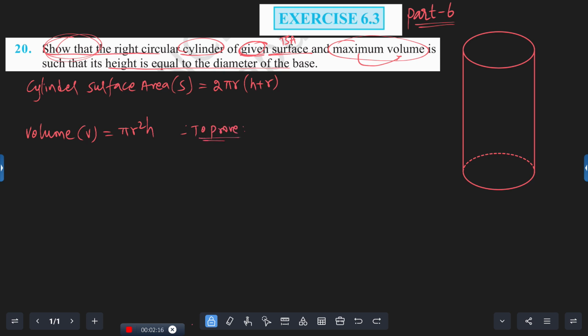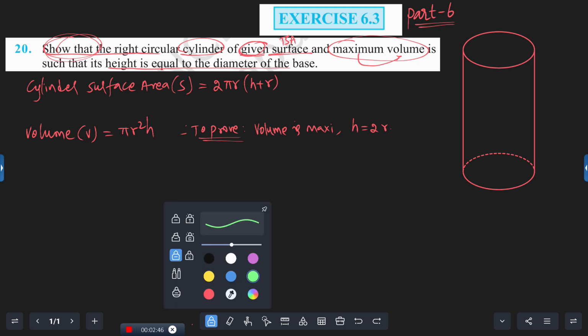So you want to prove the volume is maximum, and h is equal to 2r also you have to say. Two things you have to say: one, volume is maximum; another, height equal to diameter of the base. Right, now let's start one by one.